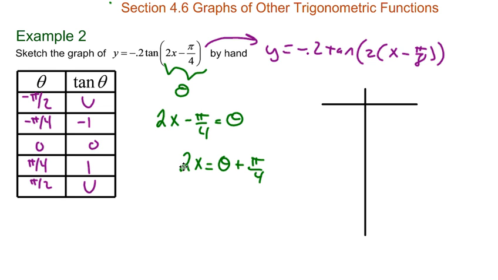Then I'm going to divide by 2 on both sides, or in this case, multiply by a half. That's the same thing, right? I could divide by 2 or multiply by a half. So really, this is how we get our x values: we take theta, multiply it by a half, and then add pi over 8. Let me just write this over here.